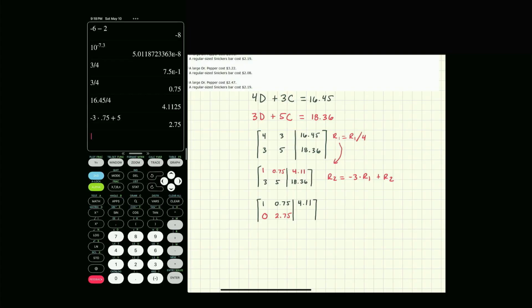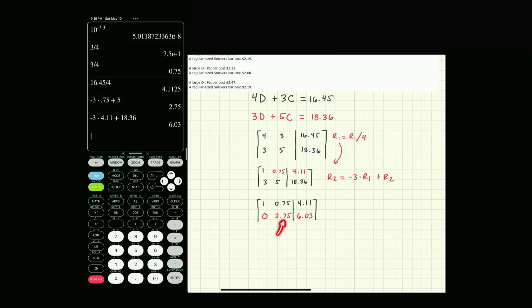And then -3 times 411 plus 1836 is 603. And we got our 0 in this spot.